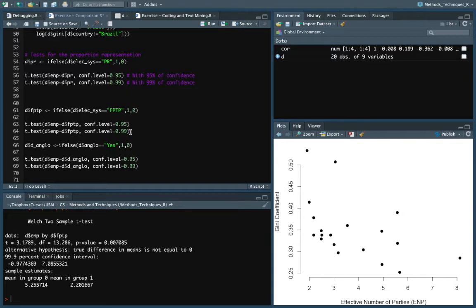But we have also another variable called Anglo-Saxon countries. Some countries are former British countries or British colonies, or they are the United Kingdom itself. So what if it's not the electoral system, but the common cultural background that really matters to explain the effective number of parties?